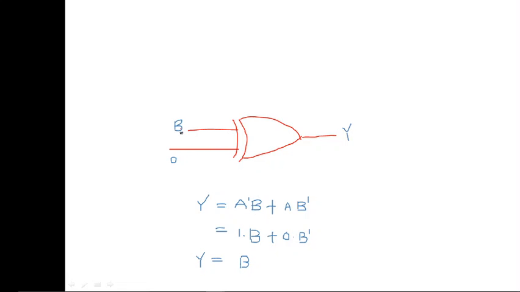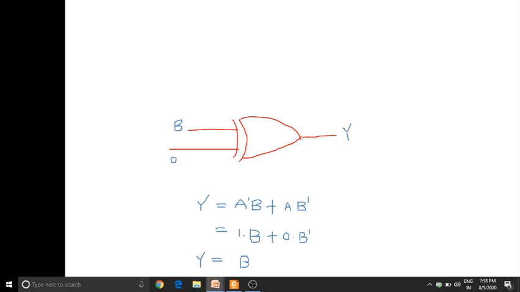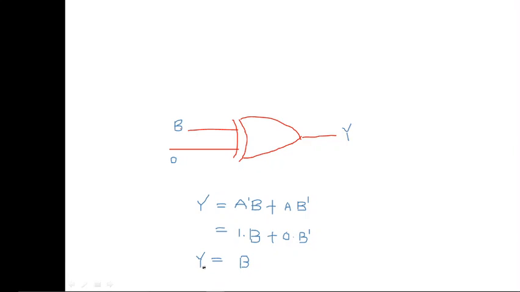When the second input is 0, the output of the XOR gate will be the same as the first input, that is Y equals B. And similarly, we will see what happens when the second input is 1.